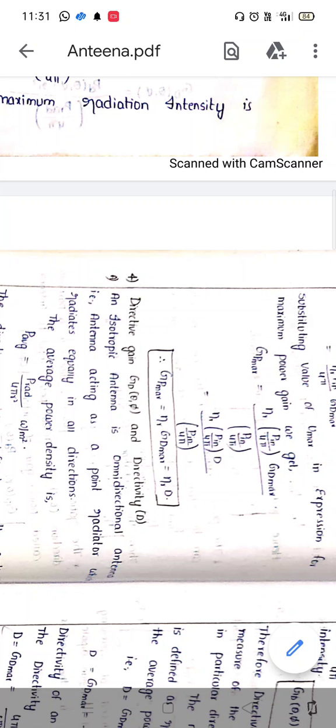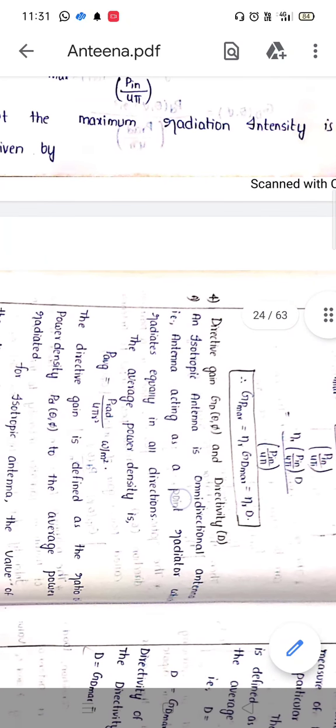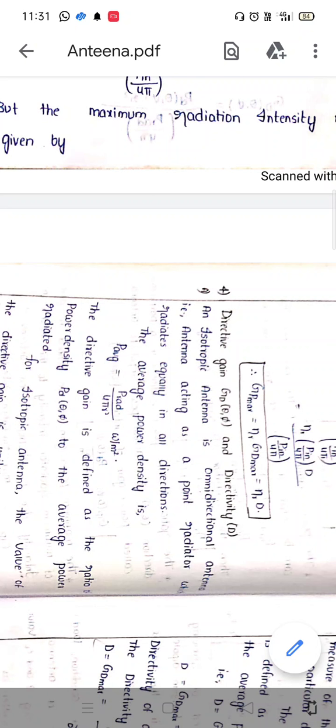GP is the maximum power gain by the antenna, and GD max is the directive gain. Now we are going to discuss the directive gain, or directivity D.